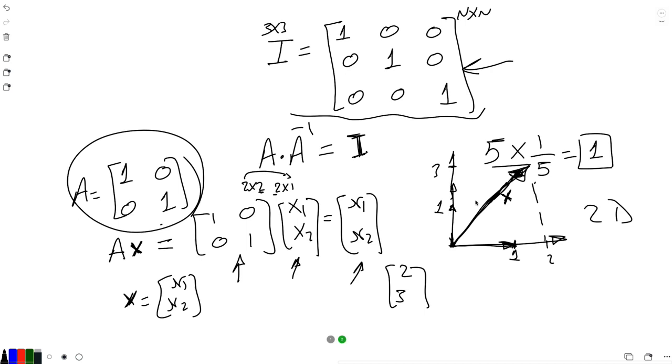This is the reason that when you multiply any vector by the identity matrix, it will not rotate the original vector, and it will not scale it as well. So it will generate exactly the same vector.